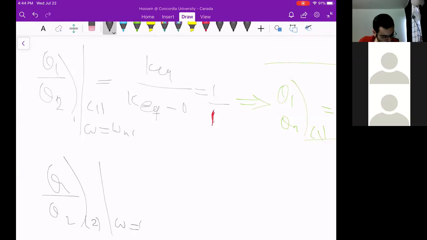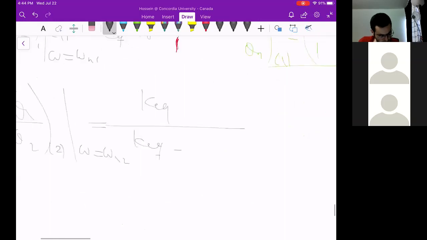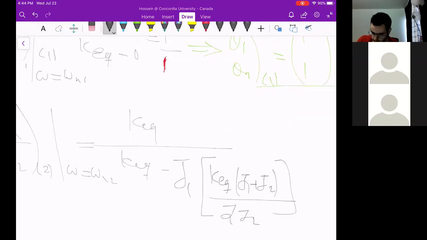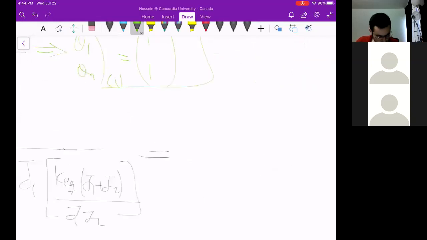The second mode shape can be similarly obtained: theta 1 over theta 2 at the second natural frequency. Omega is omega n2, so it would be K effective minus J1 omega n squared, over K equivalent. With K equivalent times J1 plus J2 divided by J1 J2, if you calculate, it is going to be equal to minus 0.5979.